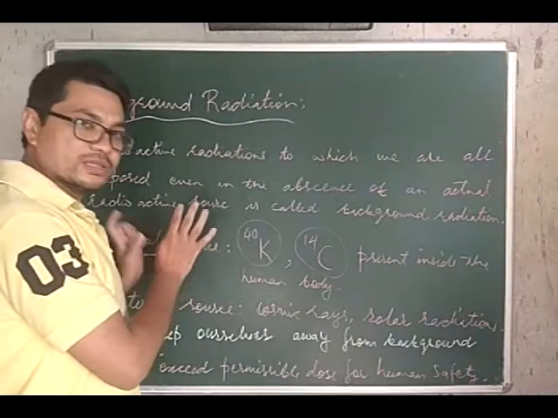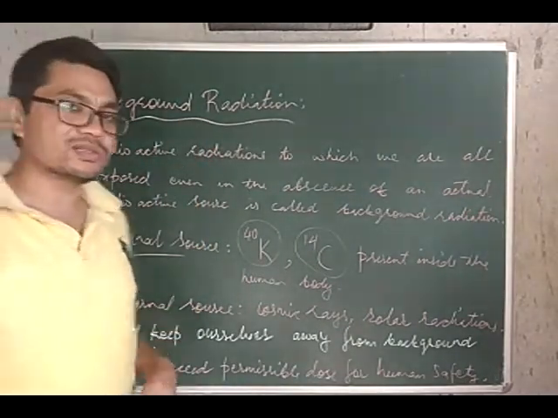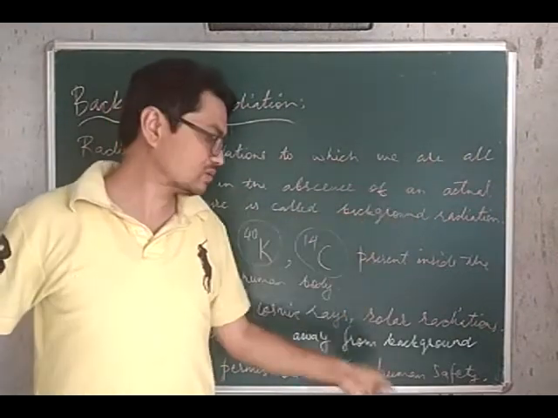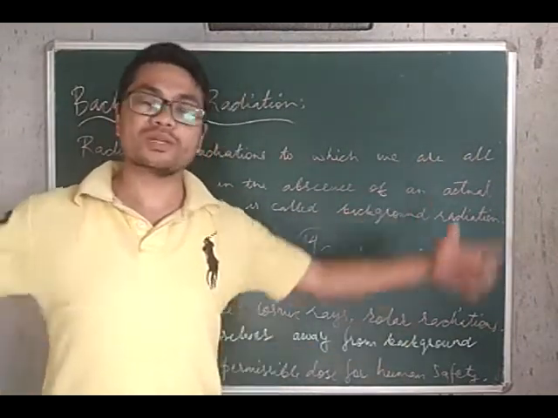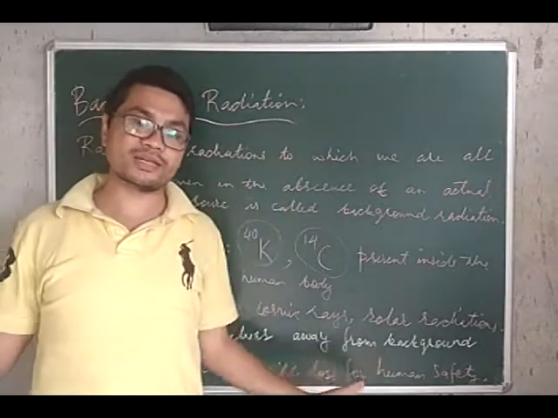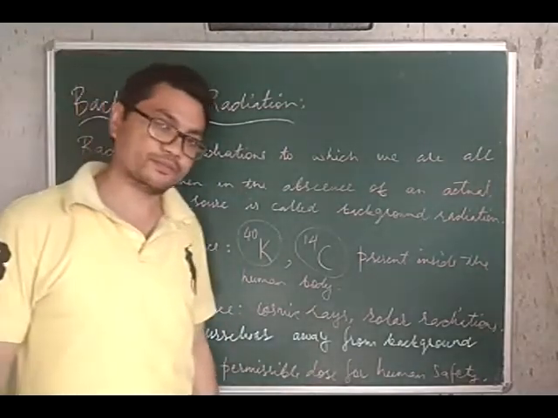This is therefore the internal source of background radiation. External sources, like we have already discussed, are cosmic radiations and also solar radiations that we get from outer space, from outside the earth. They are also sources of background radiation.